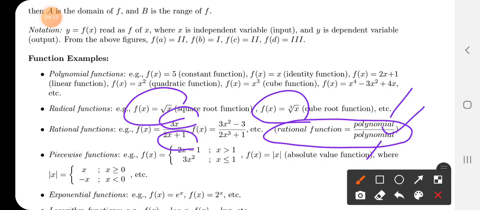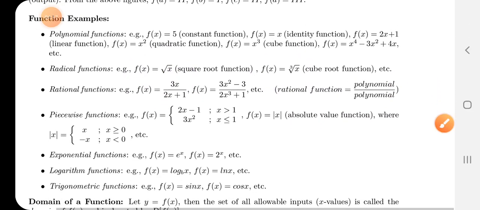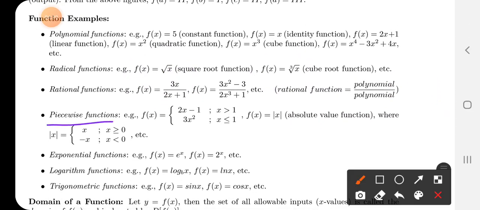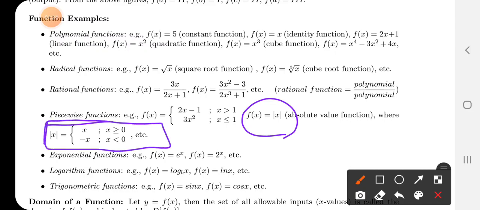So a rational function is also a function, and some functions are in pieces. We call it a piecewise function, like the absolute value function, because by definition absolute value, if you remember from Math 101 or FSC, in fact has two parts. It can be x or it can be minus x, depending upon the value of x.